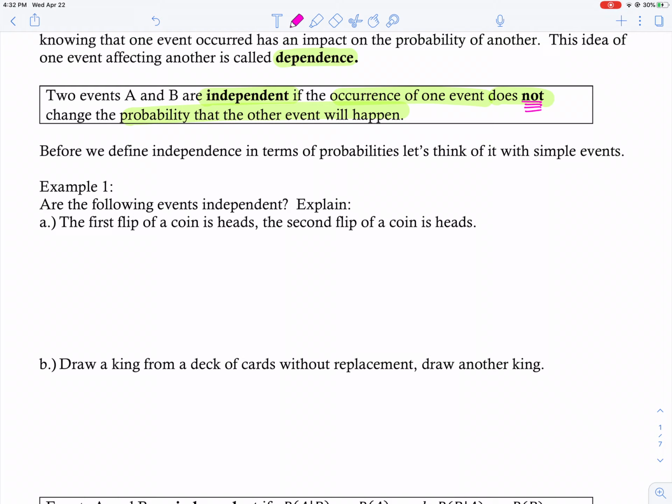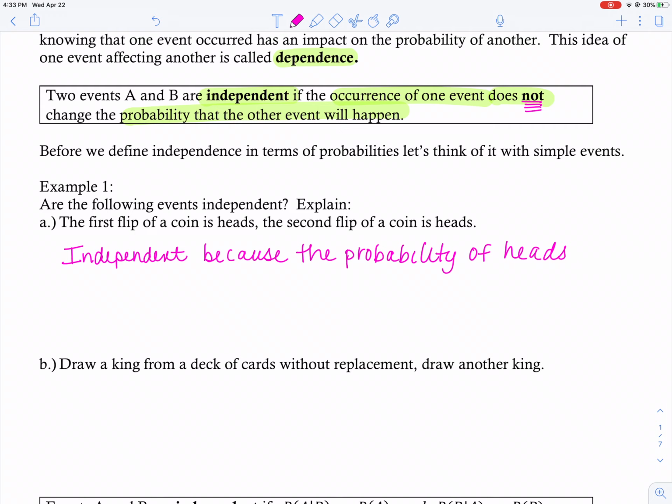Yes, they are totally independent of each other, because the probability of heads is always 1/2.